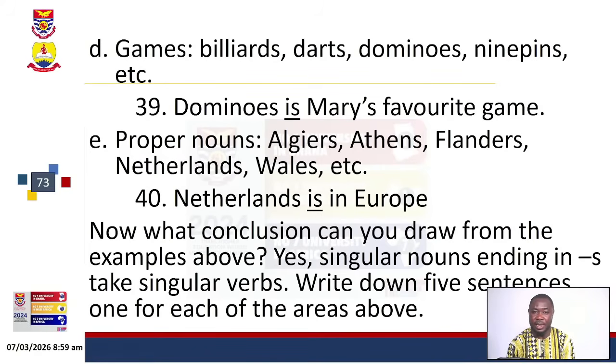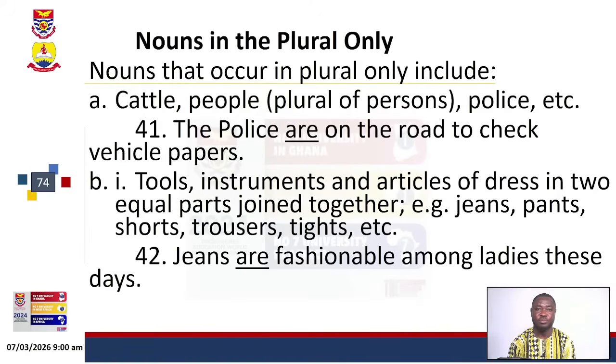Can you write down some 5 sentences, one for each of the areas we have mentioned above? Singular nouns that refer to singular entities but are written in plural forms take singular verbs.